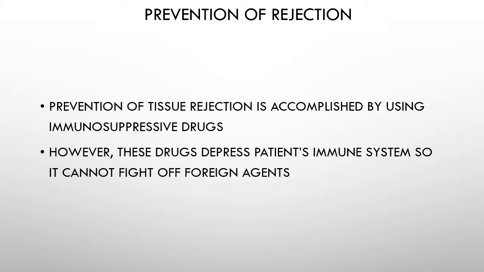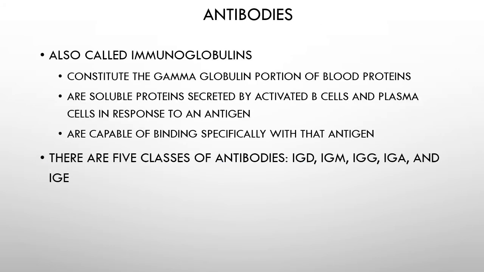And the way to make it so that it doesn't reject that organ is through immunosuppressive drugs. If it's suppressing the immune system to stop rejection of the organ, it's also going to suppress the immune system against any other foreign antigen. And so it makes them more susceptible to infection when they are on those medications.